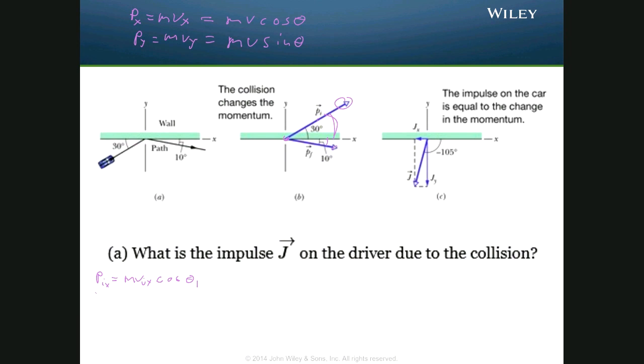And p final x equals m v final x, which is m v final cosine theta 2, right? We have theta 1 and theta 2, so we already know that's not going to be a problem.